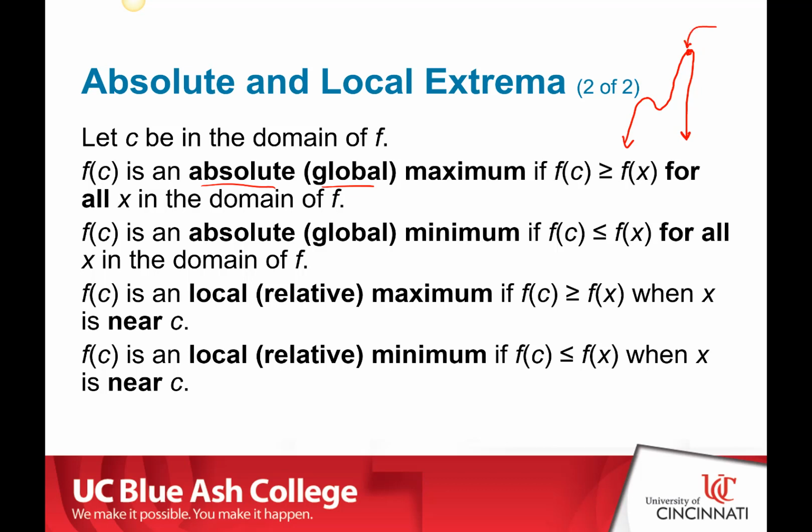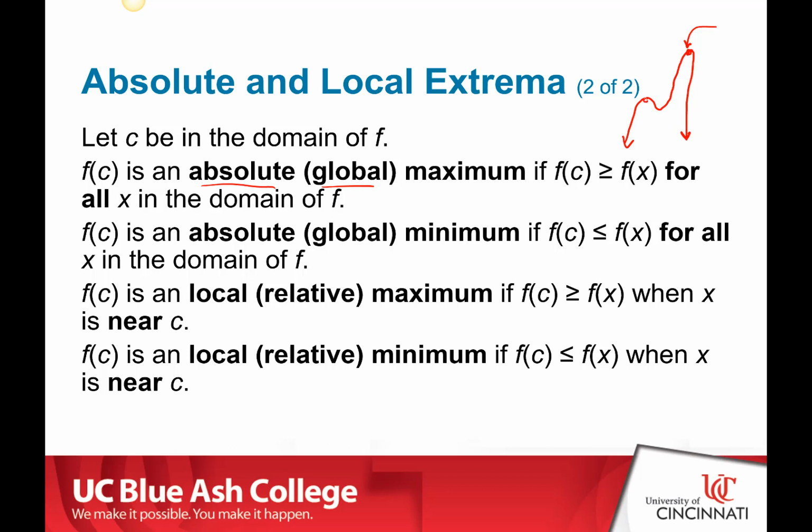Now, an absolute maximum is different from a local maximum. Does Cincinnati have a highest hill? Yeah, Cincinnati does have a highest hill. Is that the highest place in the world? No. Locally, it's a high spot, but globally, over the entire globe, nah, it doesn't even come close to it.